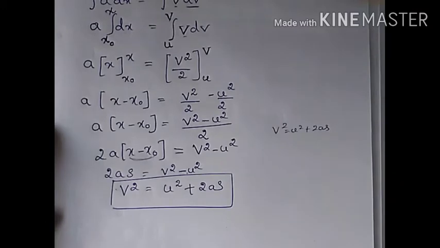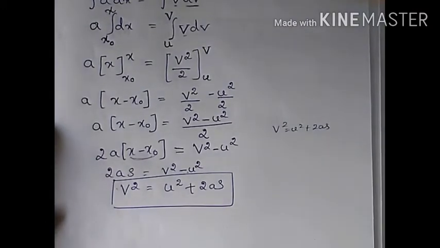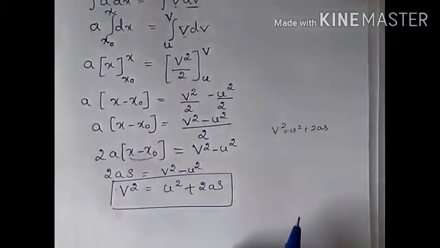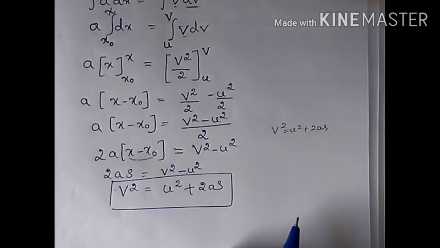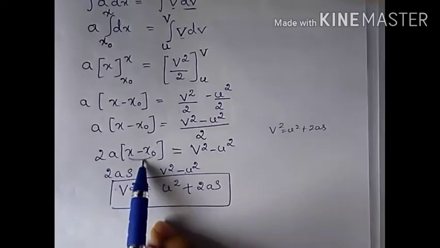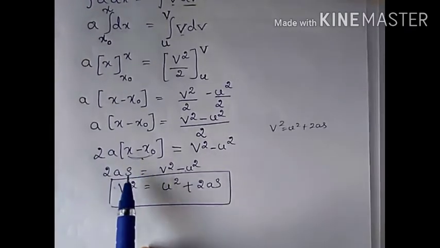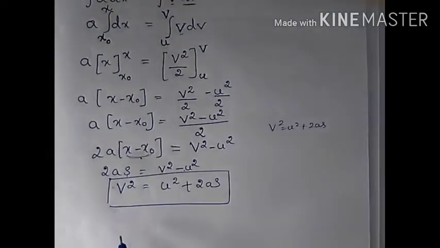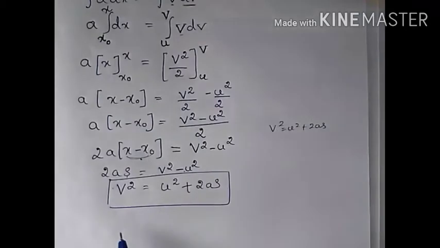So we have arrived at the final equation, the third kinematic equation, by using the calculus method. Here x minus x0 gives the displacement of the body during the time interval t.